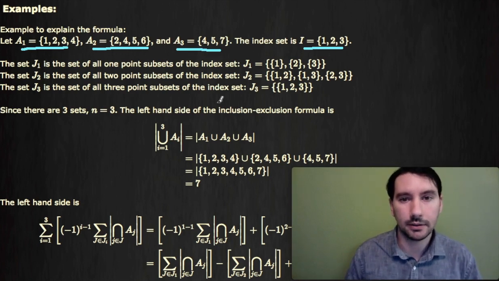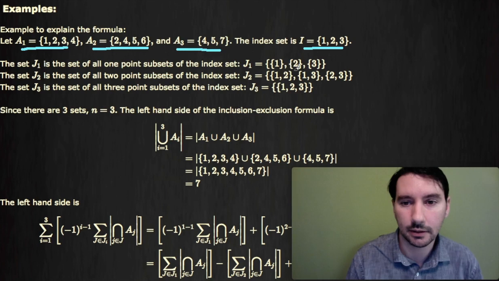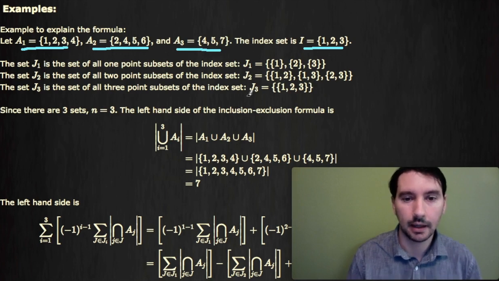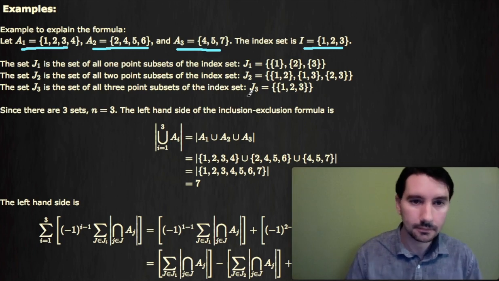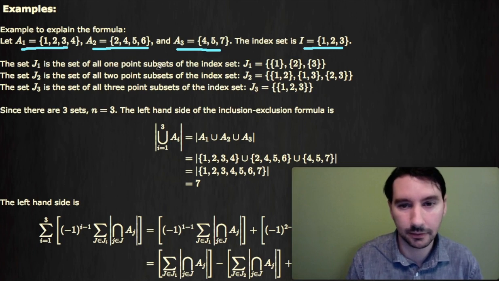Now J1 is the set of all 1-point subsets. So J1 is the set of {1}, {2}, and {3}. J2 is the set of all 2-point subsets. So it's {1, 2}, {1, 3}, and {2, 3}. And J3 is the set of all 3-point subsets. So it's the set {1, 2, 3}. That's as far as we can go because we only have 3 sets.